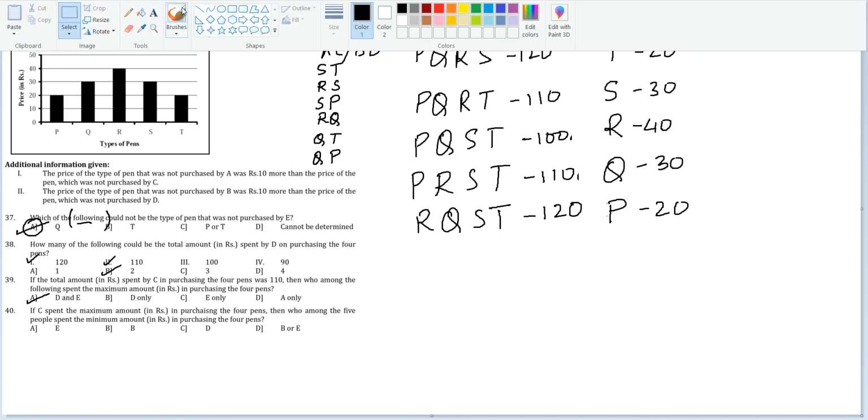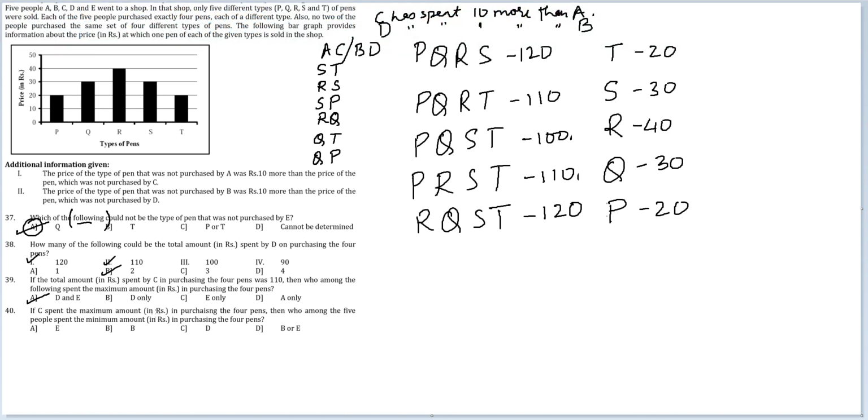Last question. If C spent the maximum amount in rupees in purchasing the 4 pens, so let's say C is here. A could be at any of these places. A is here, okay. Then who among the 5 people spent the minimum amount in purchasing the 4 pens? If C is here, A is here.